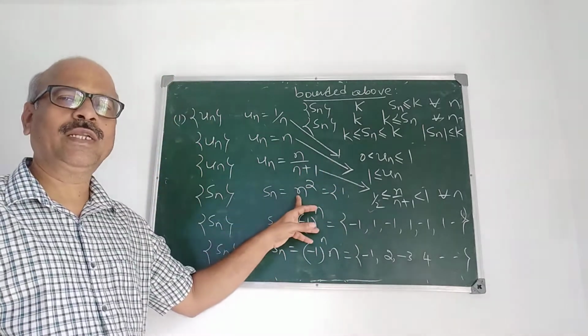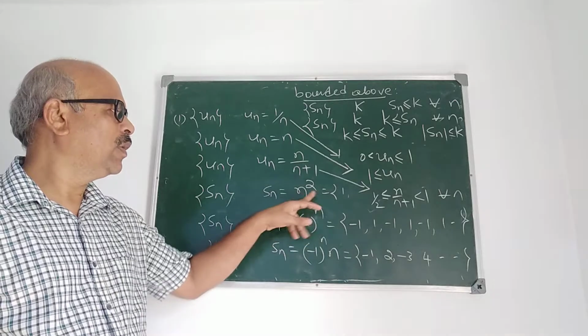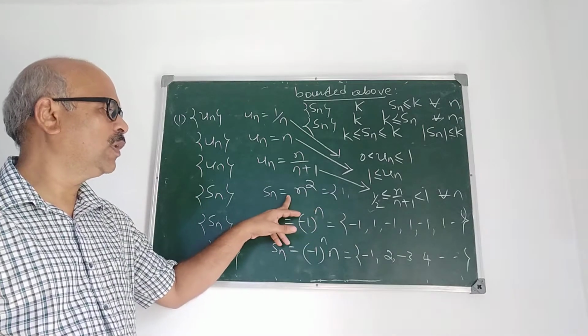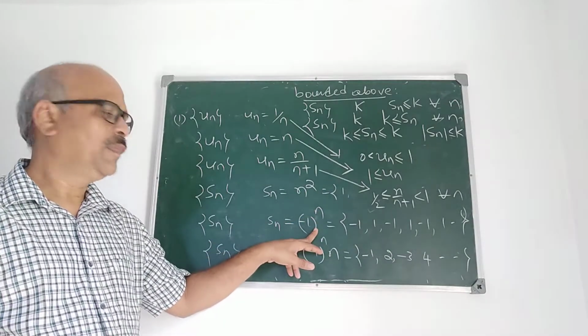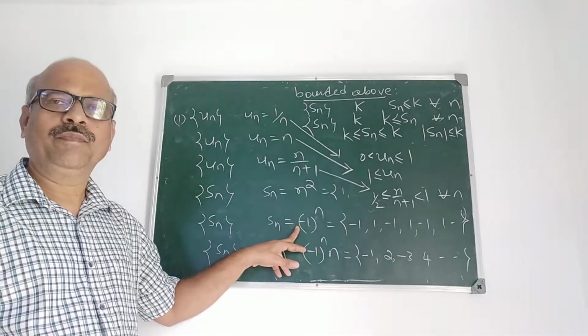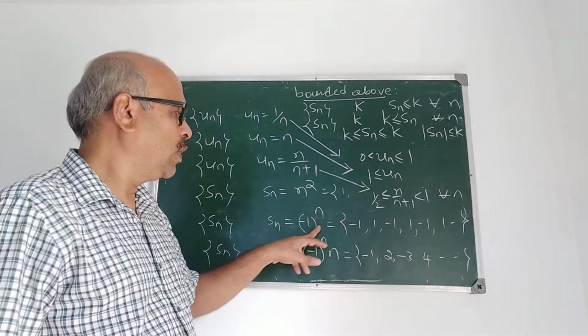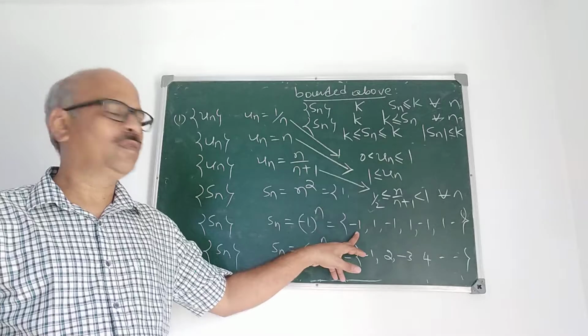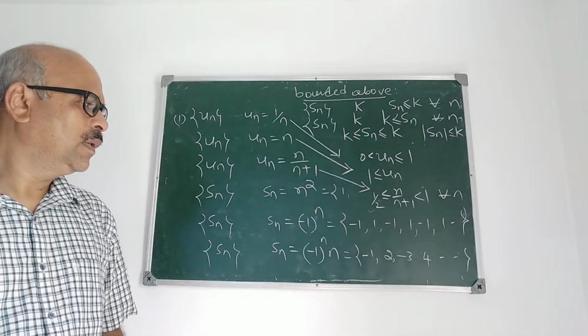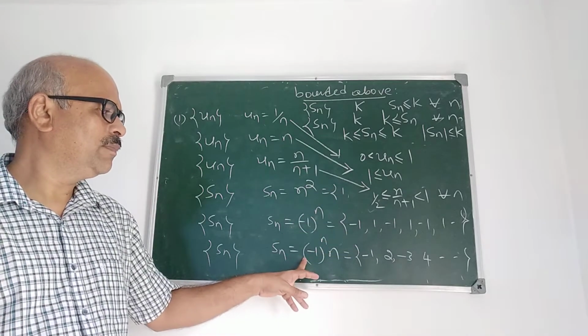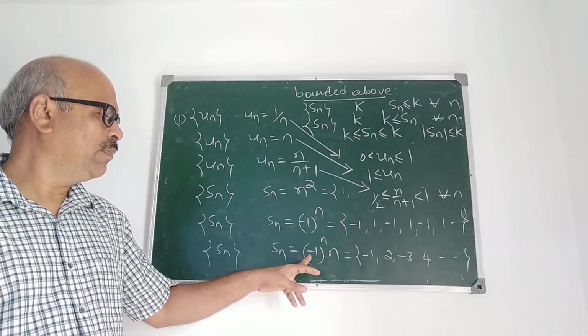What about n square? It is unbounded. It is not bounded above, it is only bounded below. What about this? This sequence is bounded because for all n, it is greater than or equal to minus 1 and less than or equal to 1. What about this sequence? It is important.